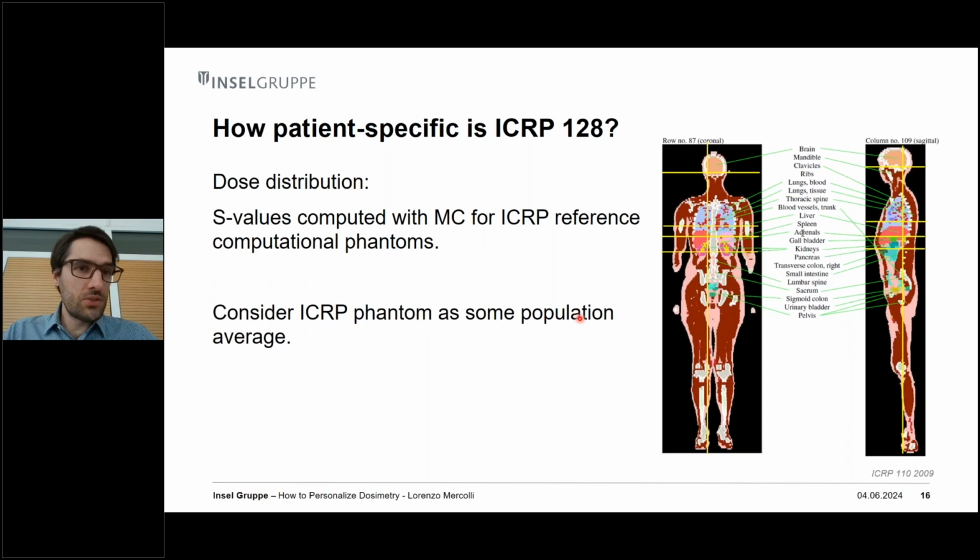Now, what about the dose distribution? The ICRP computes the S values with Monte Carlo, which is nice. However, they compute it for a standard human. So what the ICRP did, they defined what they call reference computational phantoms, like the one that you see here.